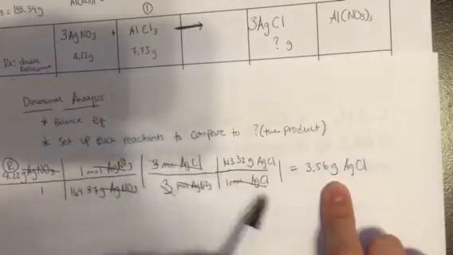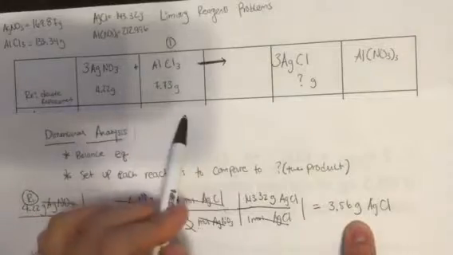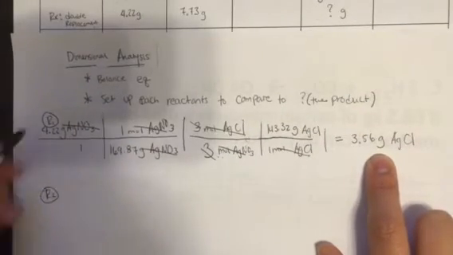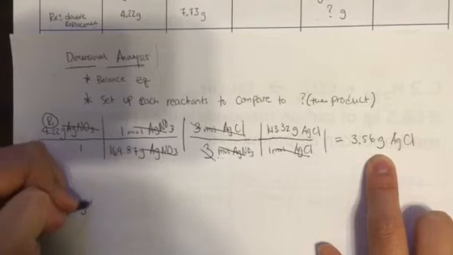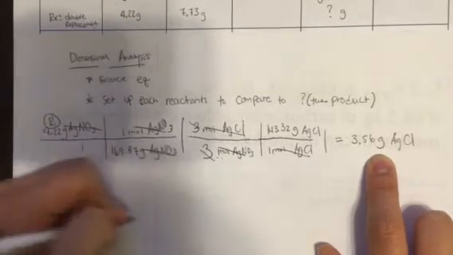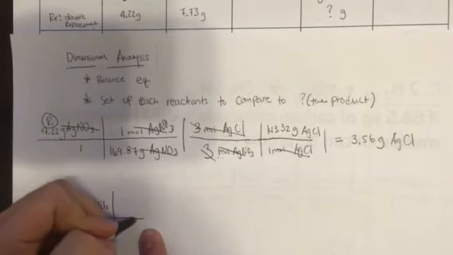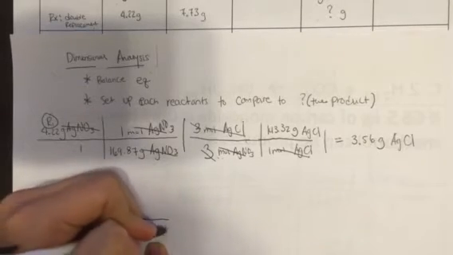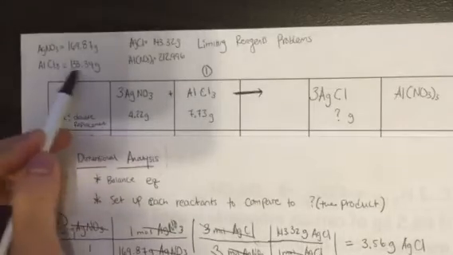I'm not done yet. I now have to do this the same way, but I'm going to compare it with the other reactant. So I set up reactant 2. Okay, in reactant 2, I have 7.73 grams of aluminum chloride. Okay, and then I say, all right, so if I have that, then I need grams of aluminum chloride here. This grams I get from the periodic table, which is right here.